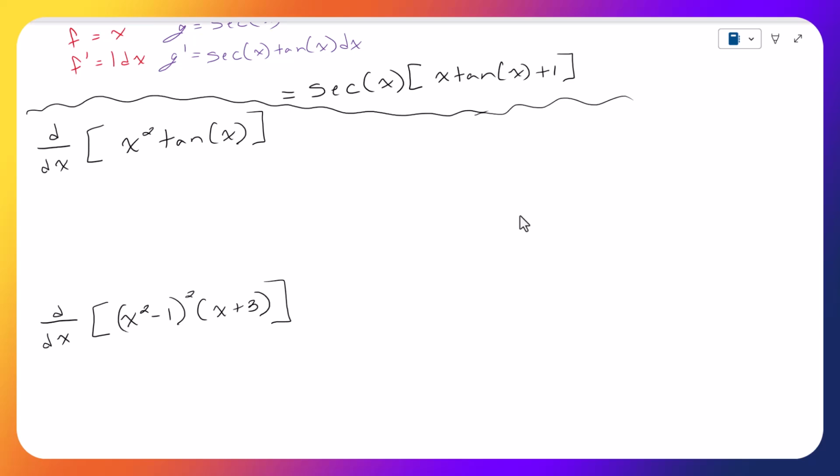F, G, F equals x squared, F prime equals 2x dx, G equals tangent of x, G prime equals secant squared of x dx.